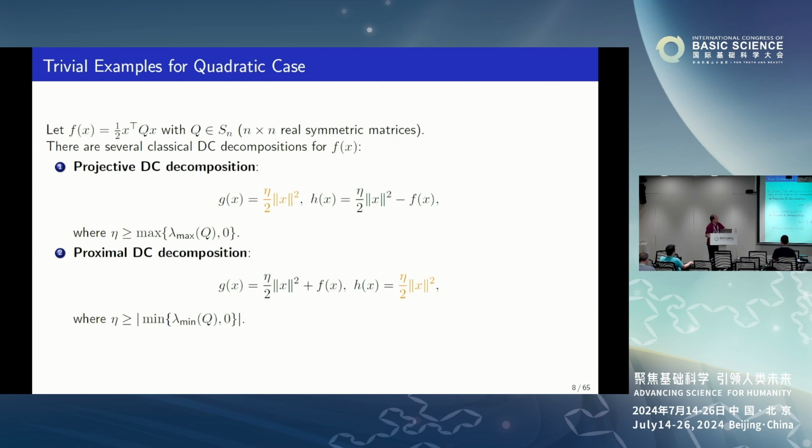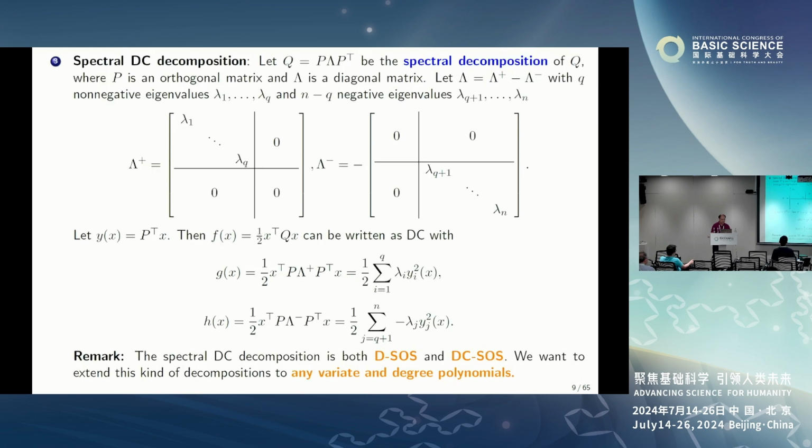And the second is the proximal DC decomposition. It just exchanges the roles of G and H. We take H to be the square, and if mu is large enough, we have a DC decomposition, with G and H both convex. And the most interesting part is what we call the spectral DC decomposition. It is based on a spectral decomposition of the quadratic matrix Q, where we write Q as P Lambda P transpose, and Lambda is a diagonal matrix consisting of all eigenvalues.